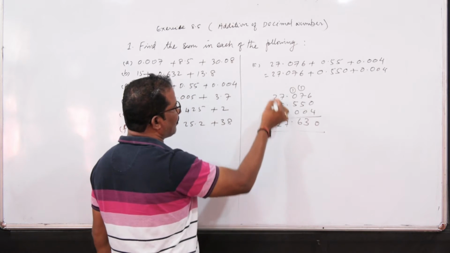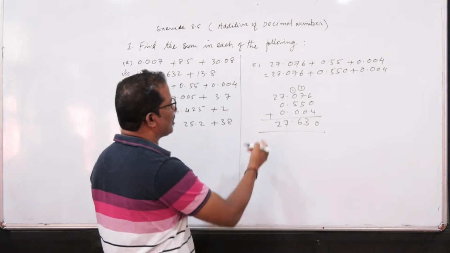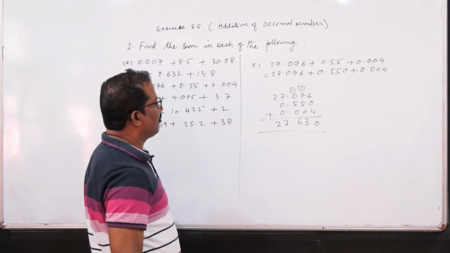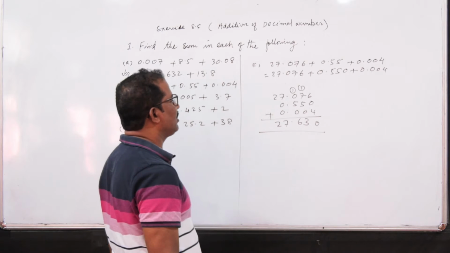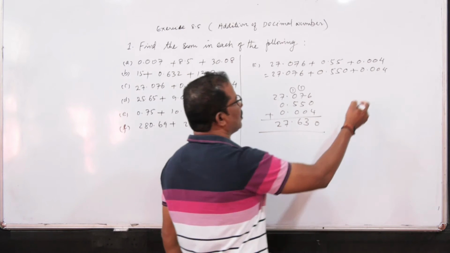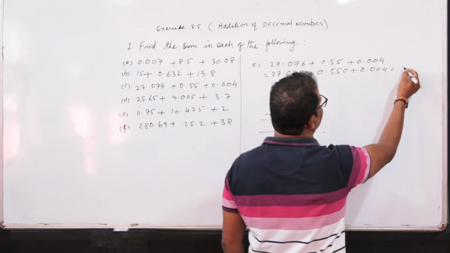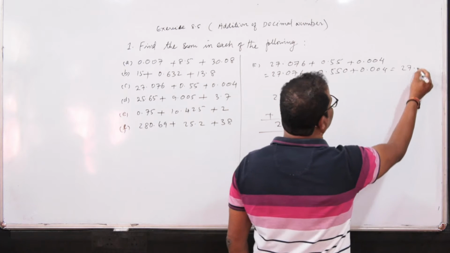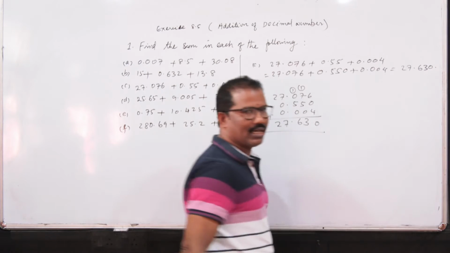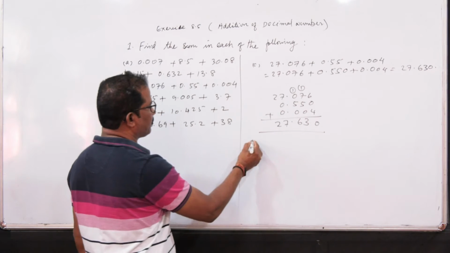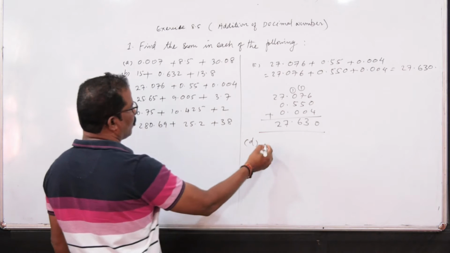So in the ones place 7 and in the tens place 2 only. So what is the sum we got for this given sum? That is 27.630. So we can write the answer like this, 27.630. Understand? In the next question you see, that is D. How much?